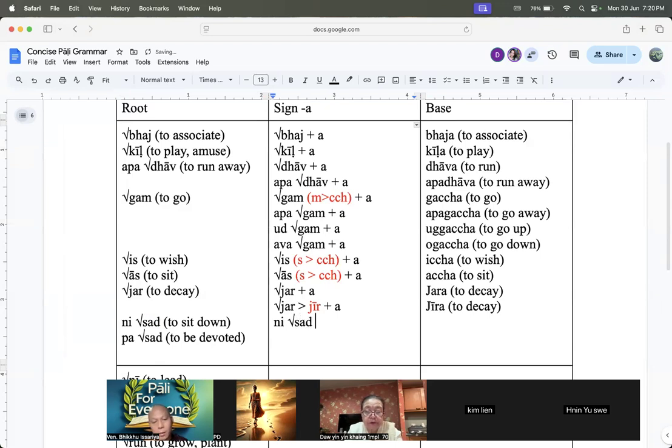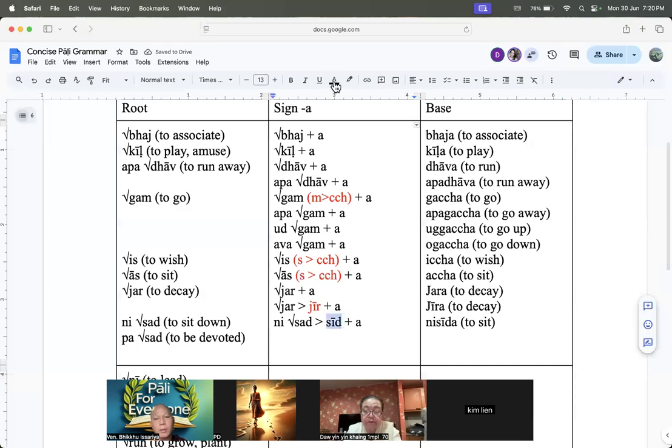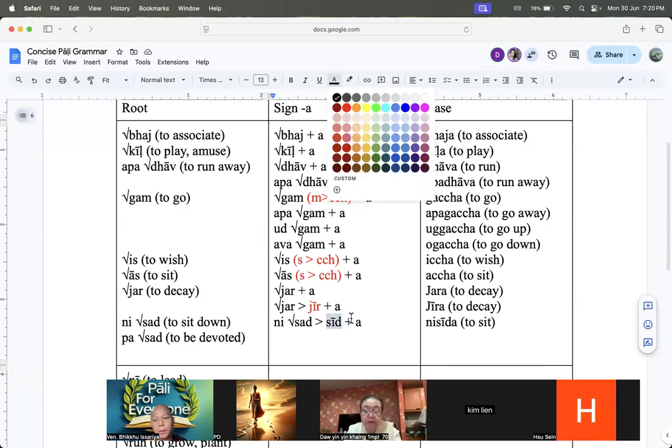But this sat is changed to seed and the up. So we have ni seed, also to sit. So this root has a natural change. Sat to the seed.